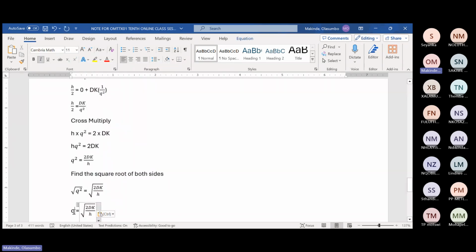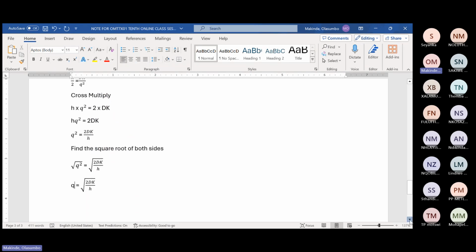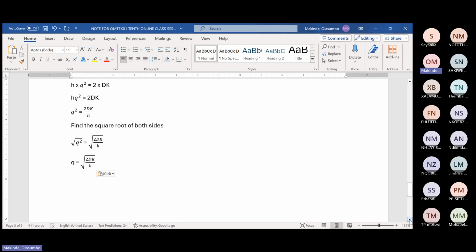And this q now, because it's the q that minimizes the total cost based on our experiment, you change it to become EOQ. That EOQ is the same thing as your Q that you have obtained, because this is telling you this is not an ordinary Q, but it's an economic order quantity, which is telling you the economized quantity that you must buy so that you minimize your total cost, so that you don't overstock or understock.